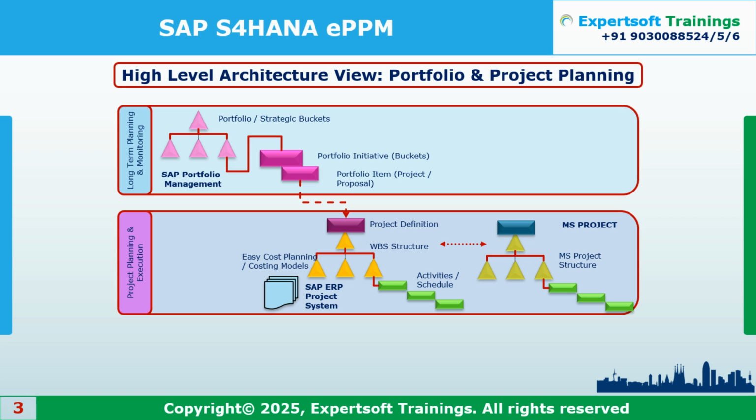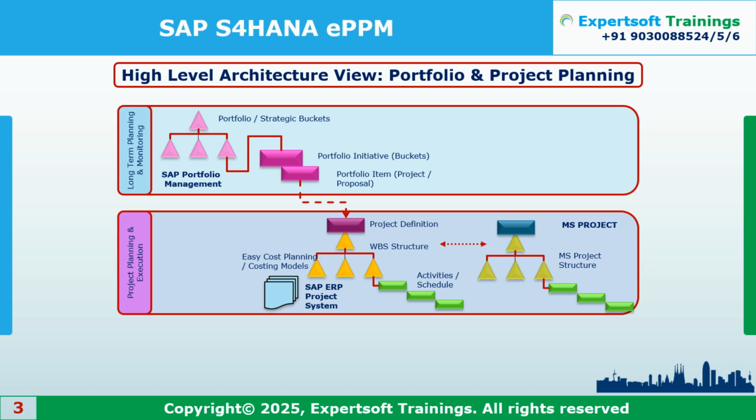All the relevant KPIs you can configure, and based on those you can take decisions to proceed further or not. This is very high level which I'm trying to say. For that, we have to do a lot of configuration.